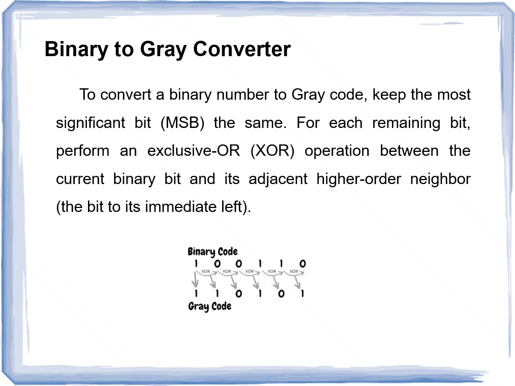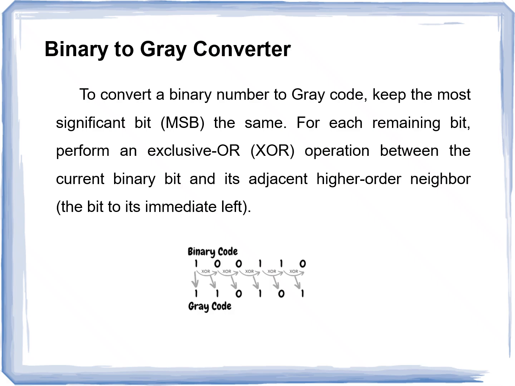So for example, here the 1 is kept as such. Then it performs the XOR operation with the neighbor left bit. So 1 with 0, the output is 1. Next, the 0 again performs the XOR operation with the neighbor bit 0, then the output is 0. Then this 0 performs the XOR operation with 1 and the output is 1.